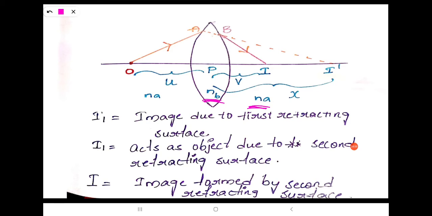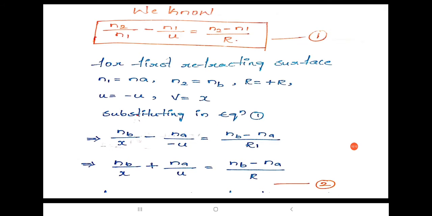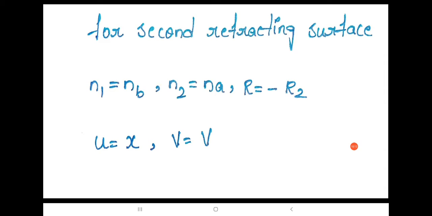NB is the first refractive index and NA is the second refractive index. So we take N1 equals NB and N2 equals NA, the radius of curvature for the second refracting surface is minus R2, and U equals X and V equals V.